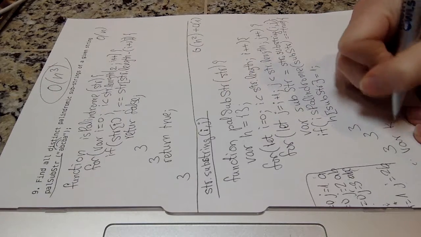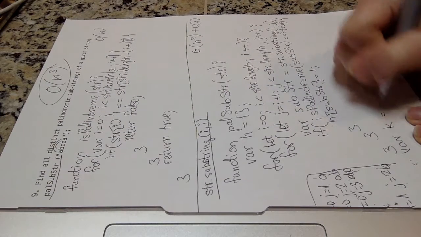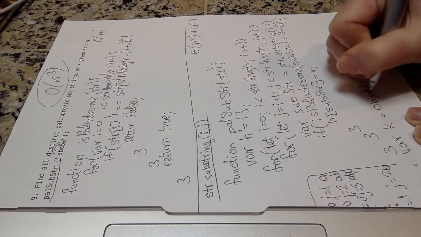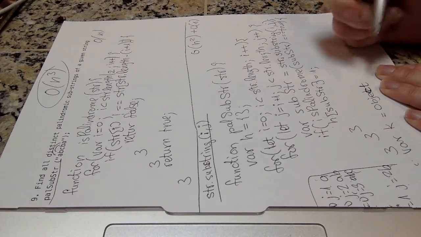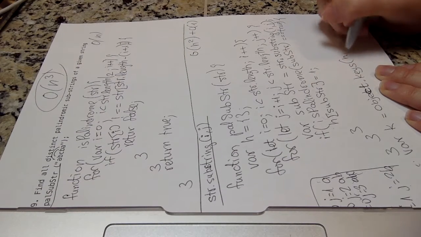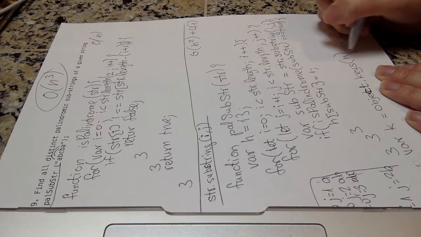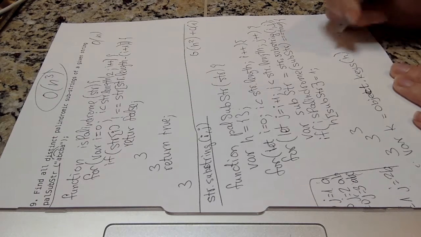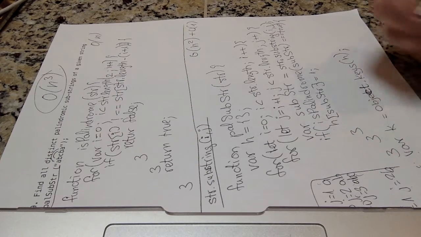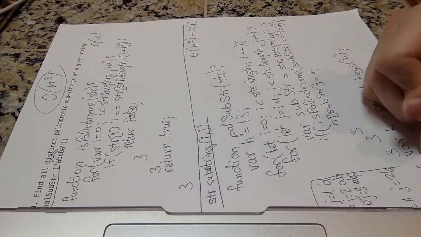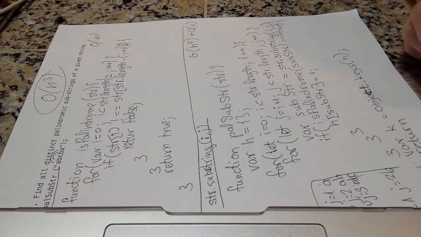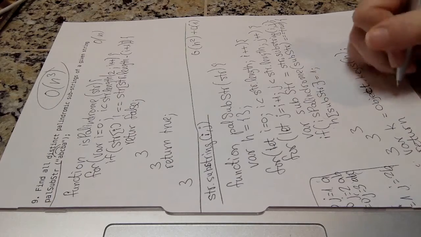I will declare var k, which is basically Object.keys of my hash, and I will return my k.